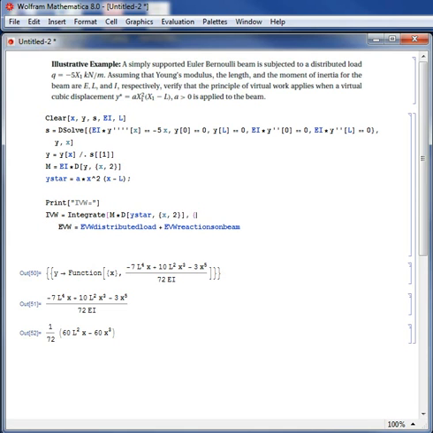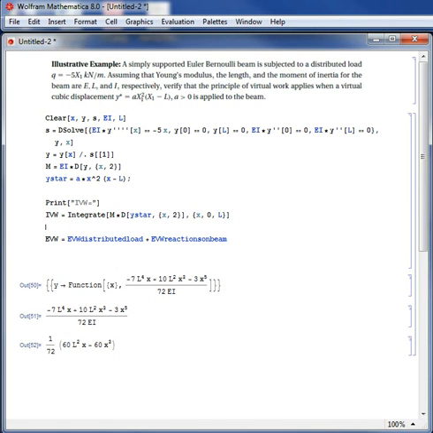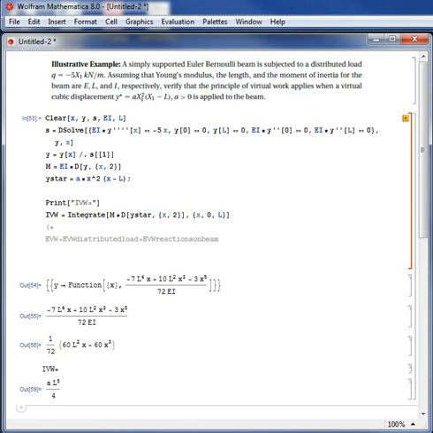This is integrated when x goes from 0 to L. Shift enter, and here's the internal virtual work.